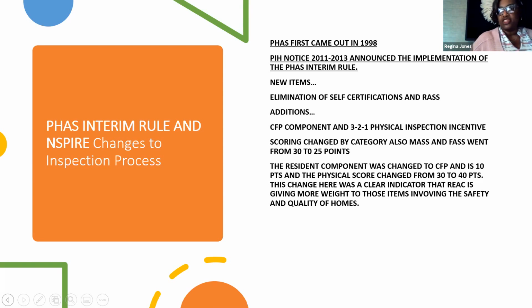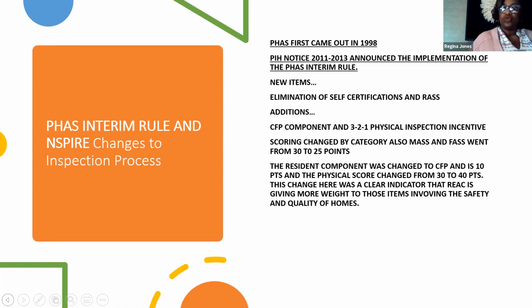You had the elimination of self-certifications, and you also had the elimination of RAS, which was the resident assessment portion for PHAS, and replaced with that were the CFP component and what is known as the 321 physical inspection incentive. We will talk more about that later on.